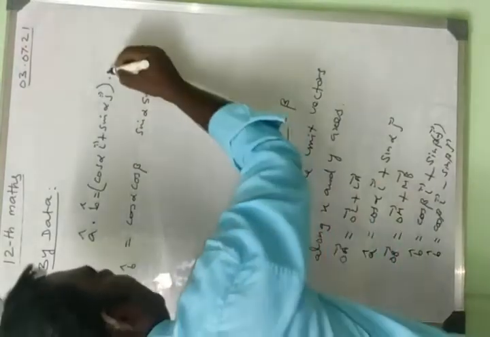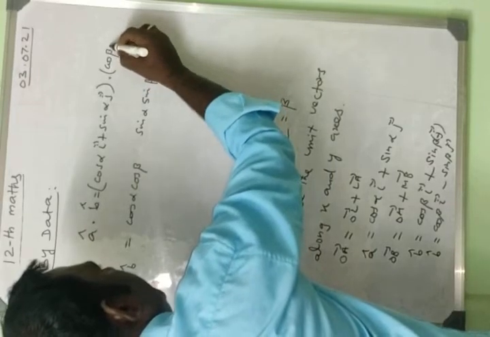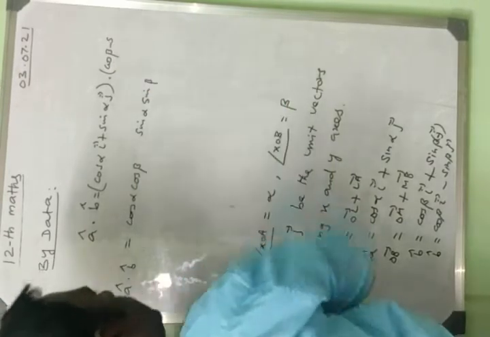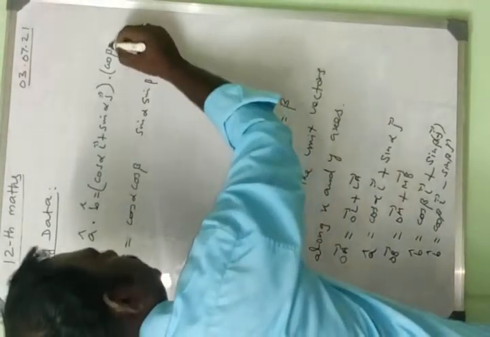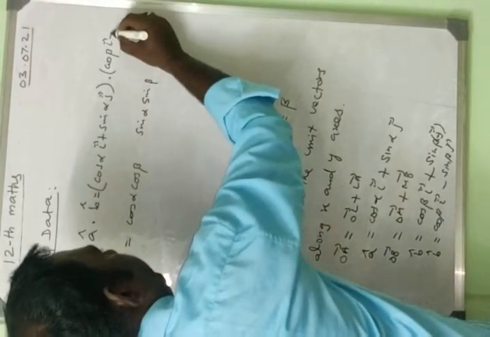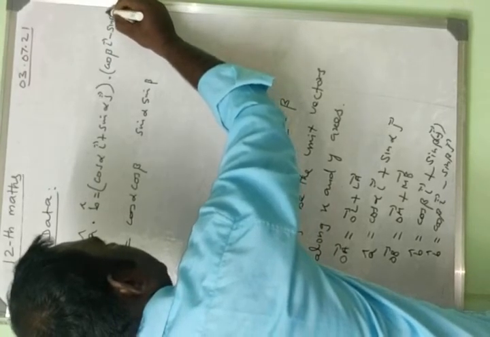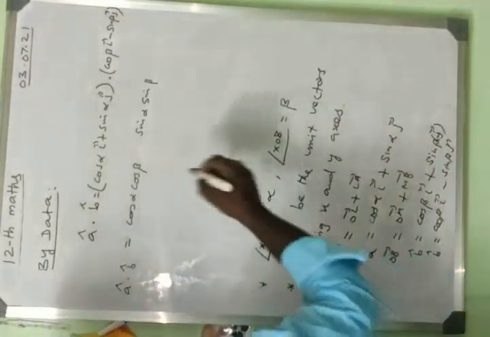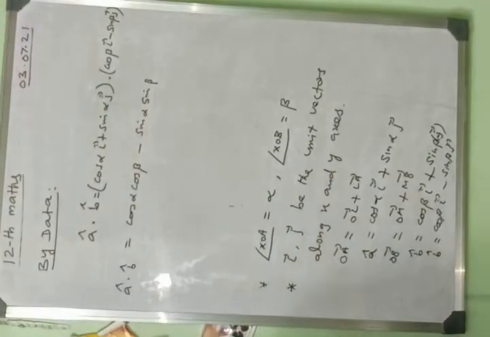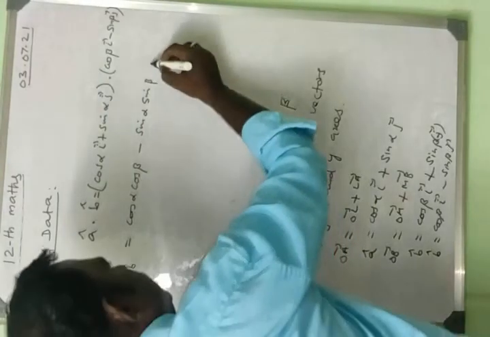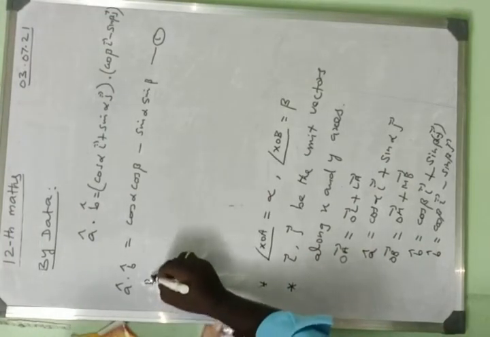So here cos beta, minus cos beta vector i, minus sin beta vector j. Now here plus, minus, we get minus sin alpha sin beta. This is equation number 1.